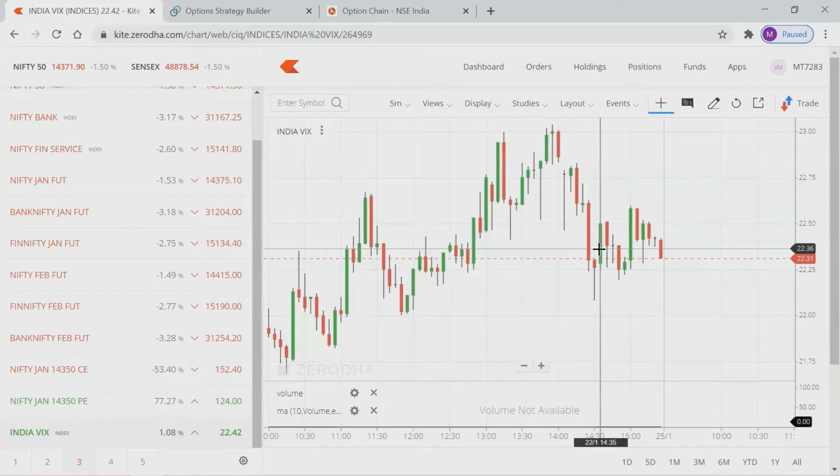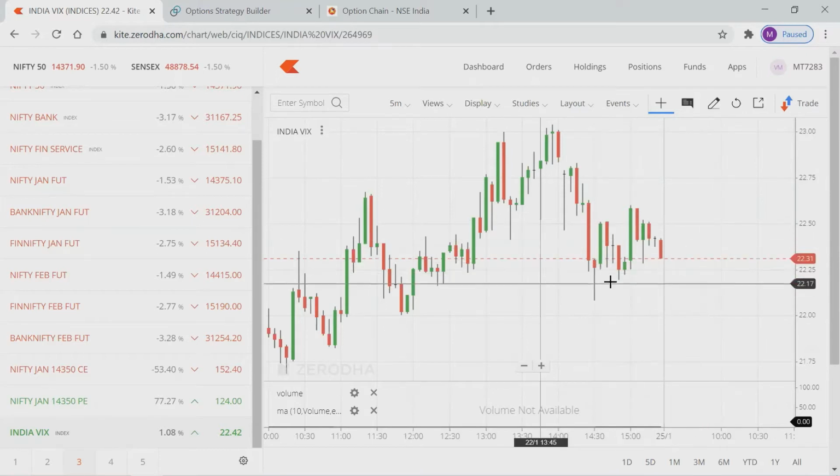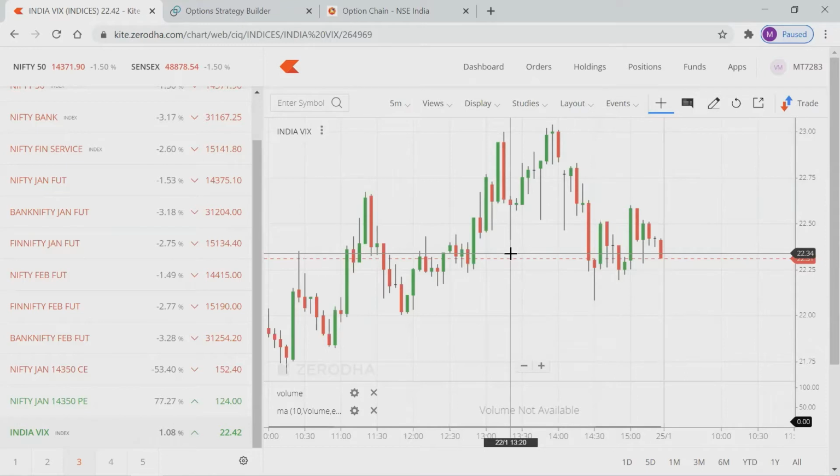So for short triangle option strategy, we need a less volatile market. That means India VIX should be less than 24 or 25 to implement this strategy. That's the second condition you need to follow while selecting the strikes and while choosing whether to implement the strategy or not.